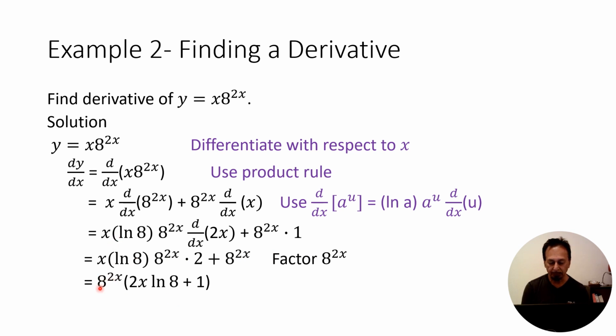Now we simplify. The x is times natural log of 8 times 8 to the power 2x. The derivative of 2x is 2, and 8 to the 2x times 1 is 8 to the 2x. It looks like both terms have 8 to the 2x, so we can factor out 8 to the 2x. So you're left with 8 to the 2x times 2x natural log of 8 plus 1.